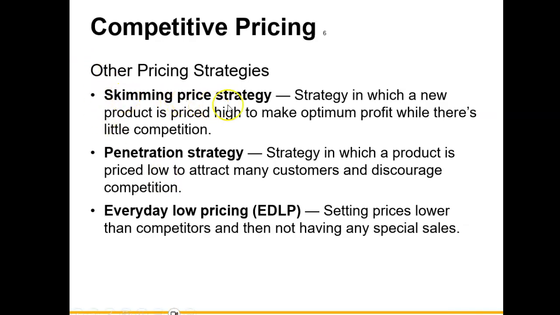Skimming price strategy, a strategy in which a new product is priced high to make optimum profit while there's little competition. So this works often in the drug industry when a new product hits the market that has no competition. They'll use skimming price strategy because they can. With a penetration strategy, a product is priced low to attract many customers and discourage competition.